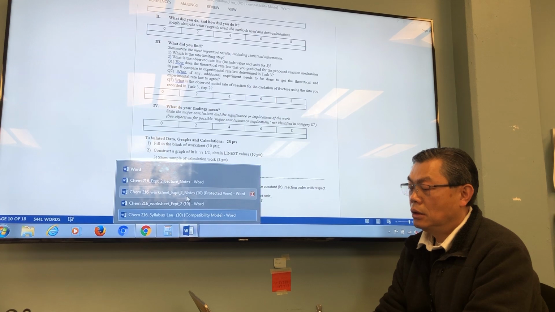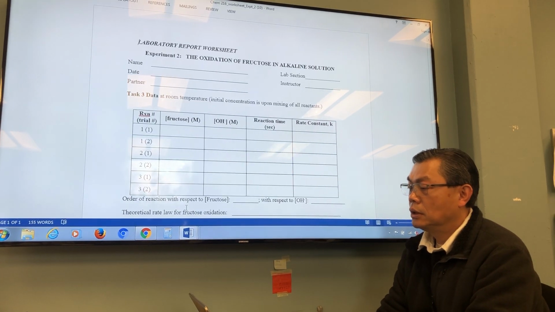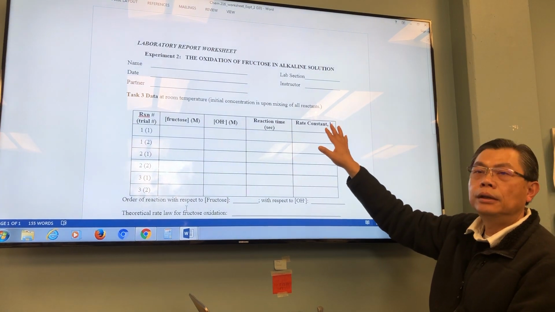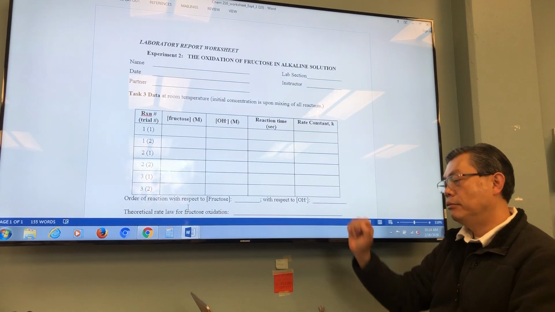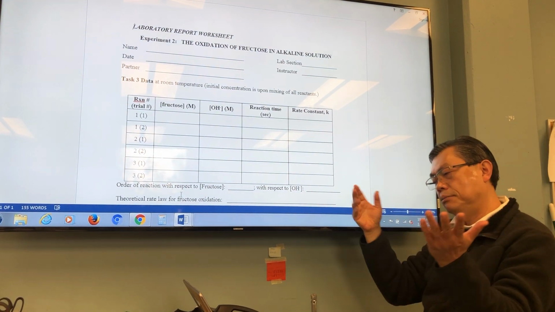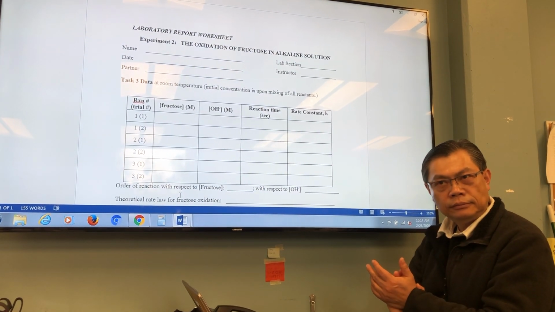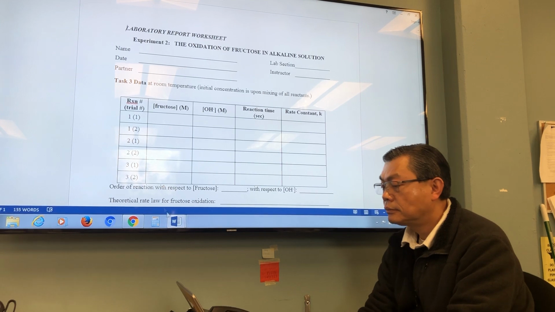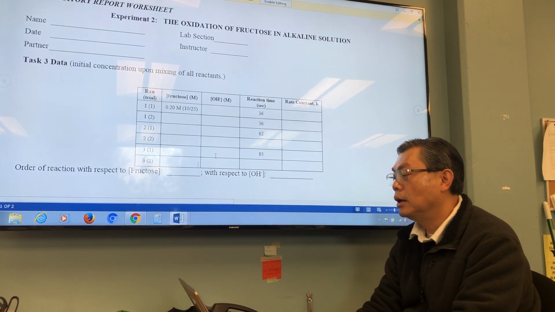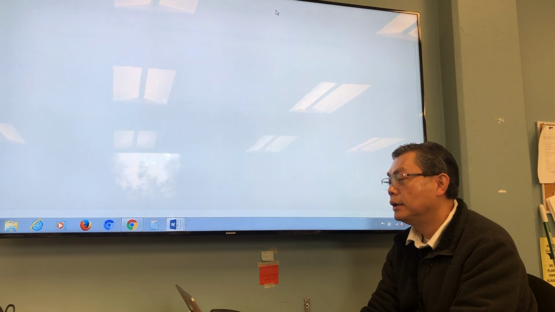So the worksheet, this is your blank, and you can print and then handwrite, or you can type in and then print. Well, let's take a look at the notes a little bit quickly.